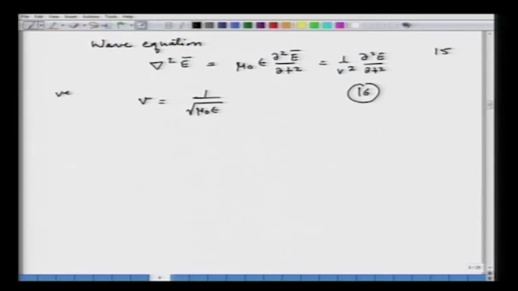This is the velocity of light. Now, let us look for a possible solution for this equation. So, basically our light wave is a solution for equation 15.